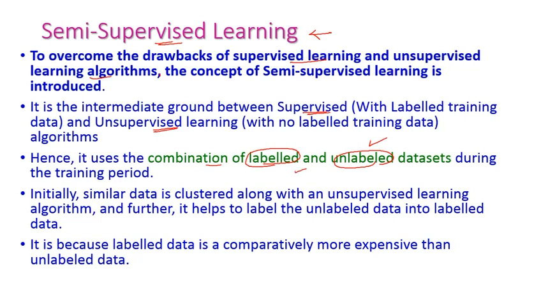Initially, similar data is clustered using an unsupervised learning algorithm, and based on its output all the unlabeled data will be labeled. Labeled data is very expensive compared to unlabeled data, so it does not use all labeled data; only a portion of the data is labeled here.